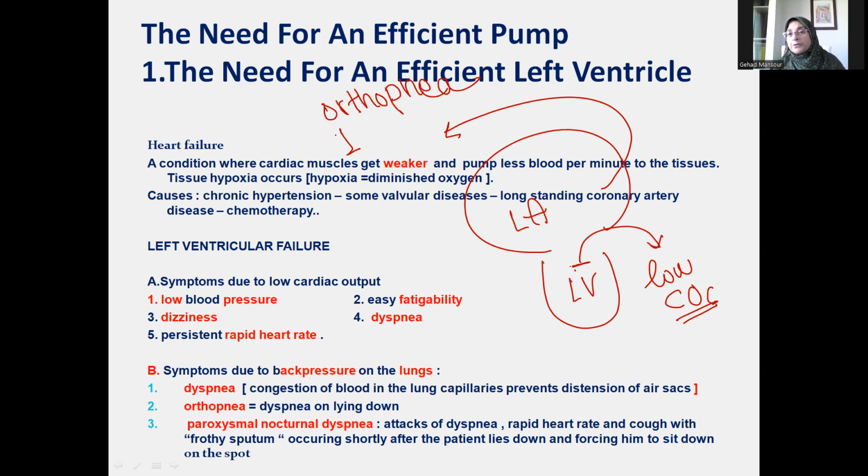It might also cause paroxysmal nocturnal dyspnea, meaning that every now and then during the night, when the patient is sleeping, he stands up, he sits down in order to have some relief of his dyspnea. Simply dyspnea is the lightest one.